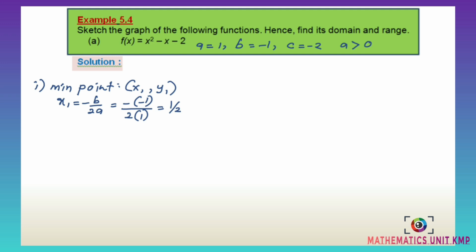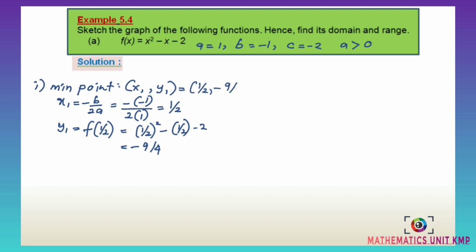Find the value of y1 by substituting the value of x1 into the function, equals 1 over 2 squared minus 1 over 2 minus 2. We calculate and get negative 9 over 4. That means the minimum point is at (1/2, negative 9/4).